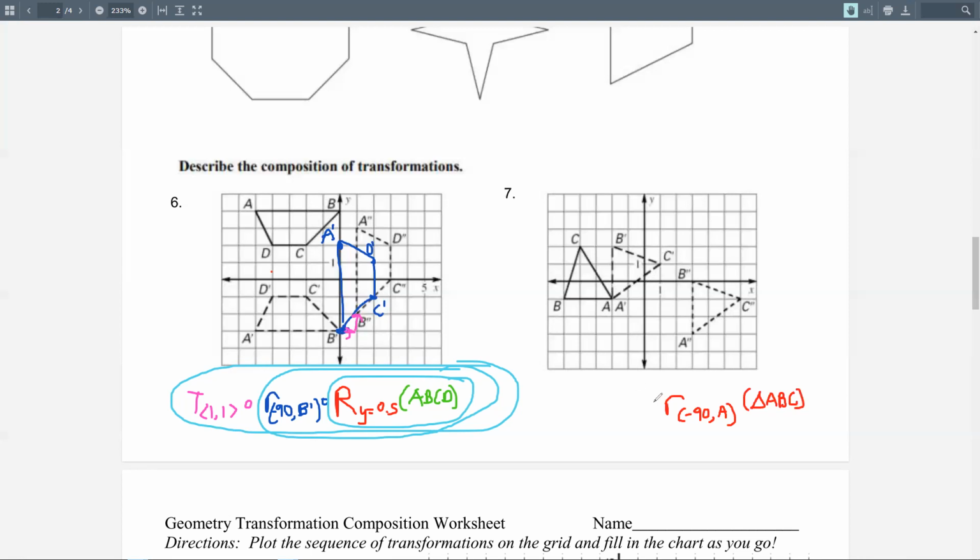And then we're going to translate that rotated image 5 to the right and 2 down. So it's the translation of the rotation. So you got to make sure you put it in the right order. We do the rotation first, so that is what we write on the right side. And then we do the translation of that rotation.